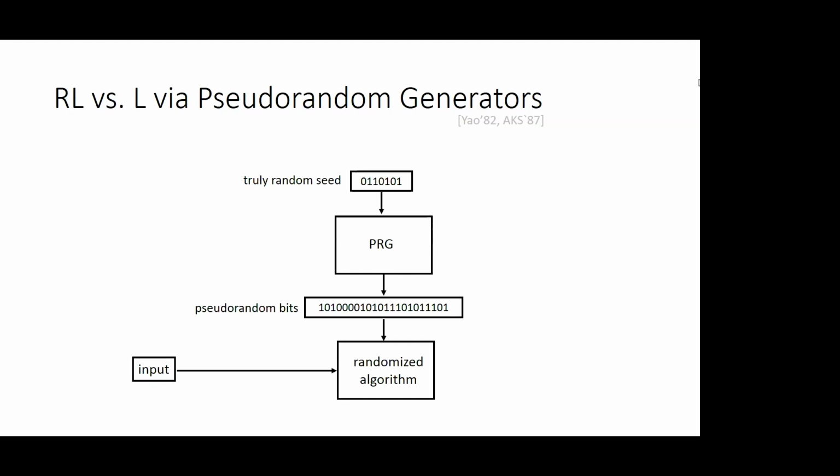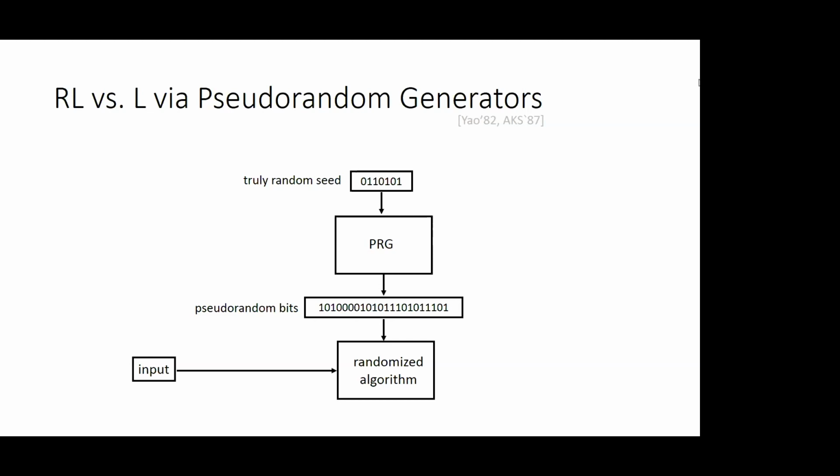You can use this to de-randomize a randomized algorithm as follows. Suppose you have some randomized algorithm that is supposed to take actual random bits as input, but instead you give it these pseudorandom bits from a pseudorandom generator.